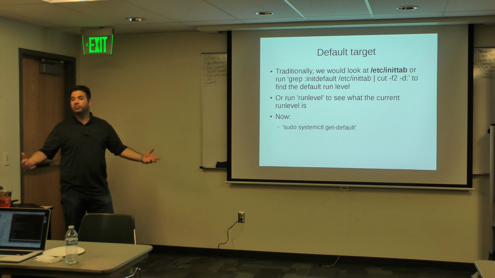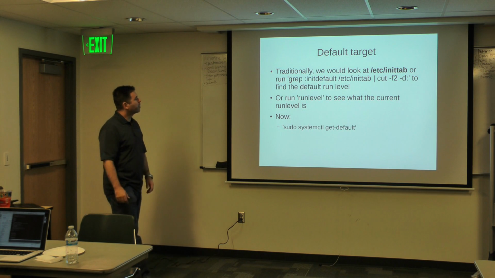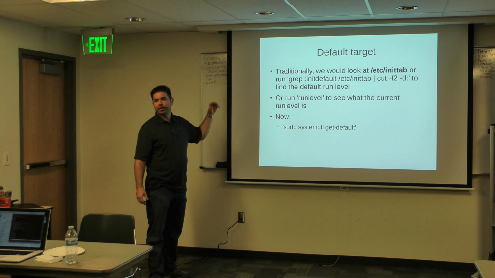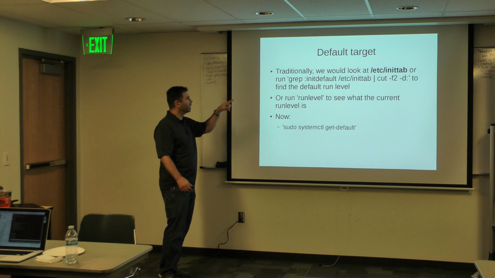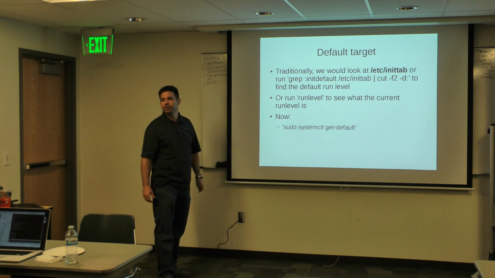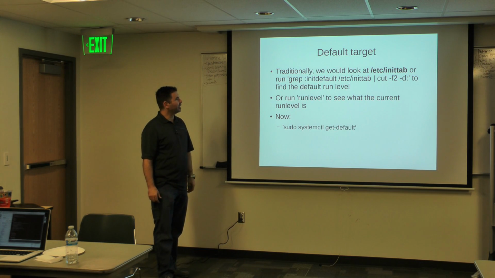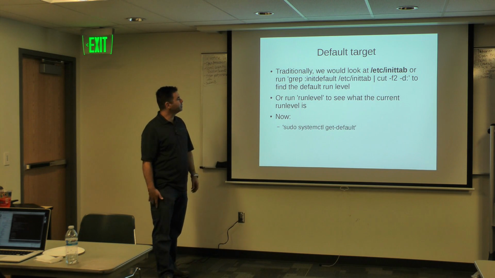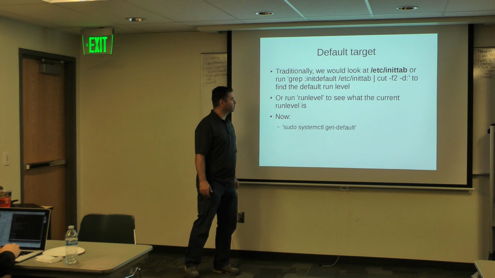Okay, so default run level becomes default target. Traditionally, we would look at the inittab file and look down to see a line that says initdefault, and look for the number in the second column to find out what the default run level is supposed to be. Or run the runlevel command to see what the current run level is.